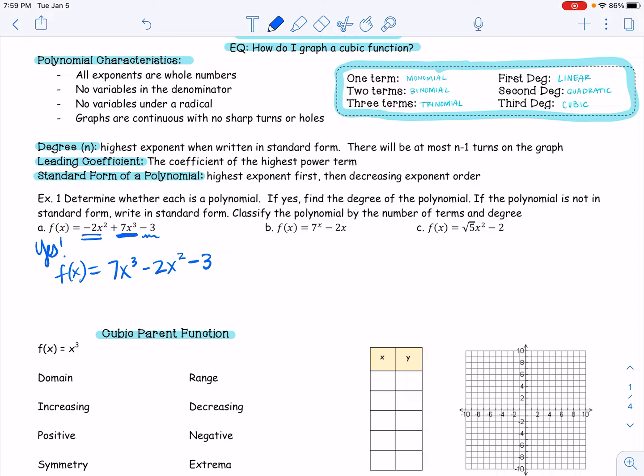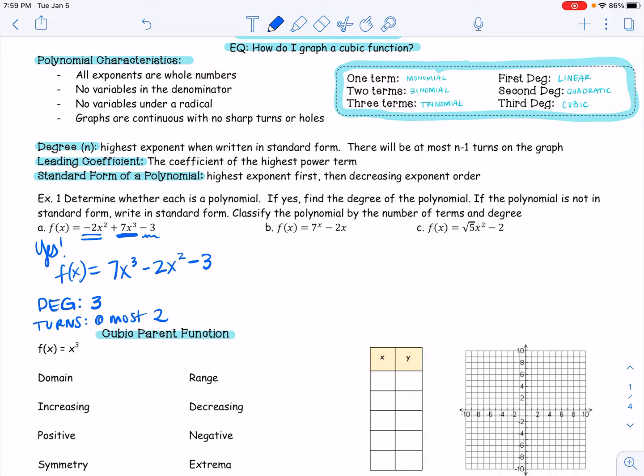We're still in decreasing order with the highest exponent first. And so now that we see that highest exponent first, our degree of the polynomial would be, good job, 3. And because the degree is 3, the number of turns would be at most 2, because it's always the degree minus 1.